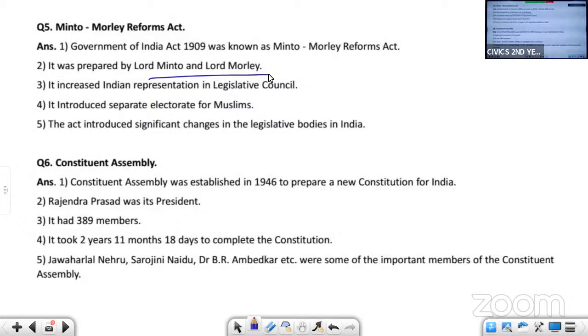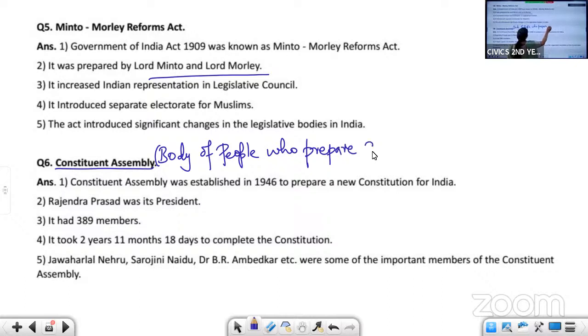Next is Constituent Assembly. What is a Constituent Assembly? I told you, it is the body of people who prepares a constitution.